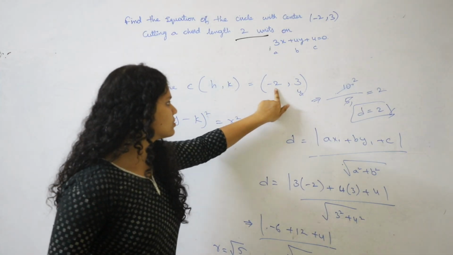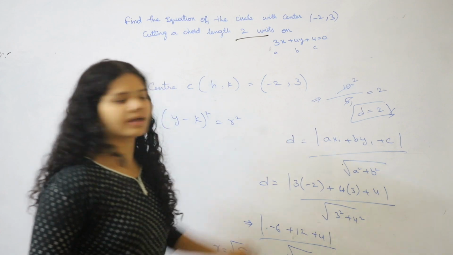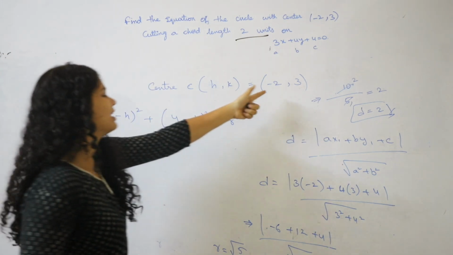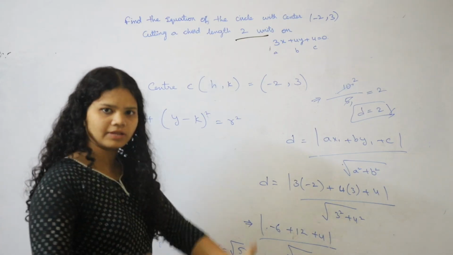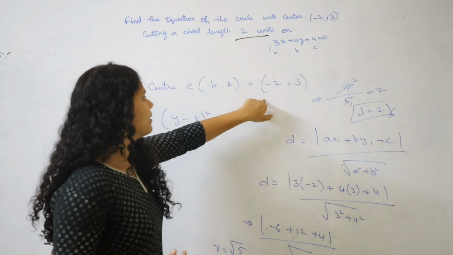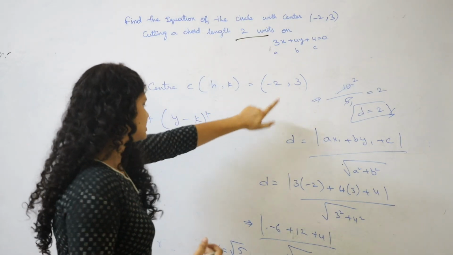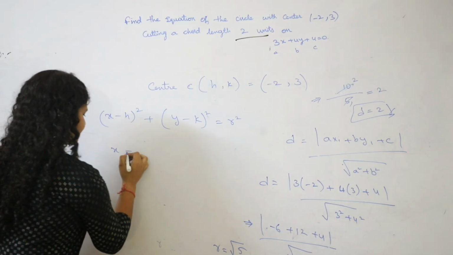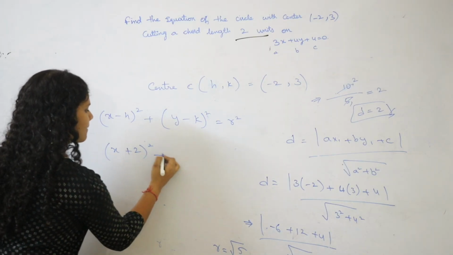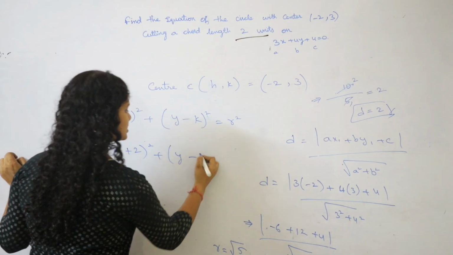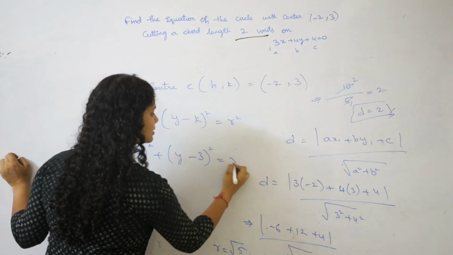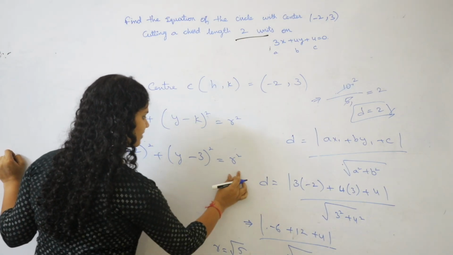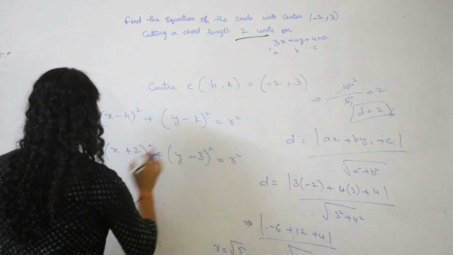We consider -2, 3 as the h, k values. So substitute h as -2 and k as 3. So x plus 2 whole square plus y minus 3 whole square equals r square, where r is root 5, so we will get into this after some time.